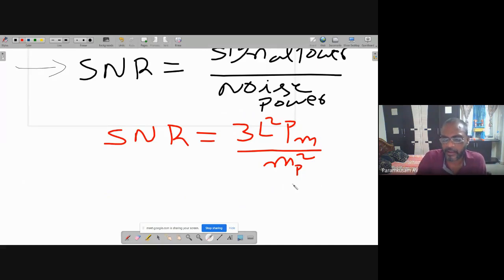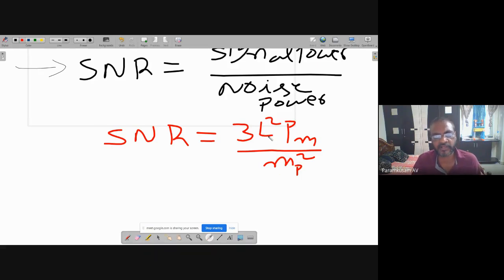Here M_P is constant. What is M_P? It is the peak value of the signal that can be accepted by the quantizer. That is constant. And what is L?